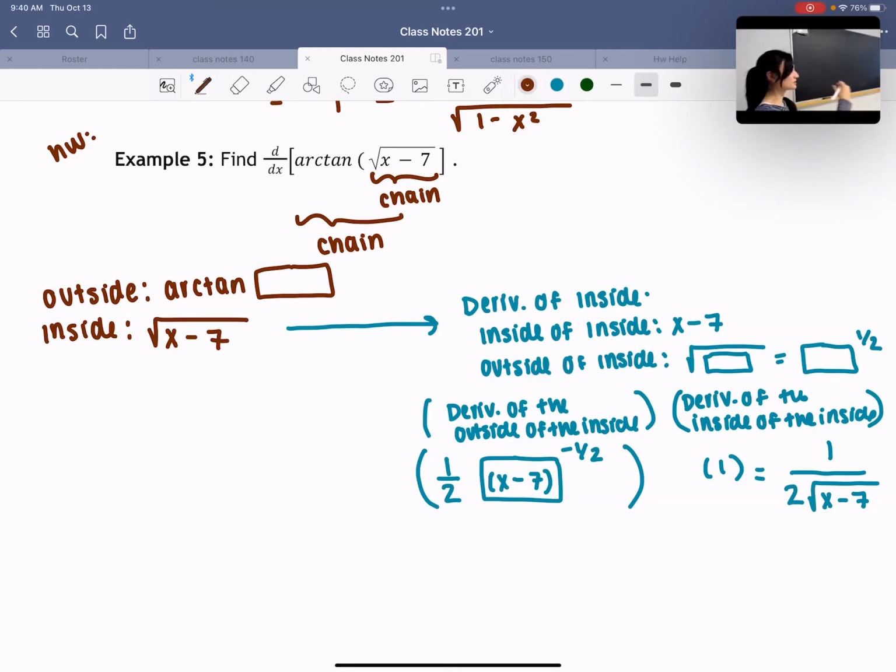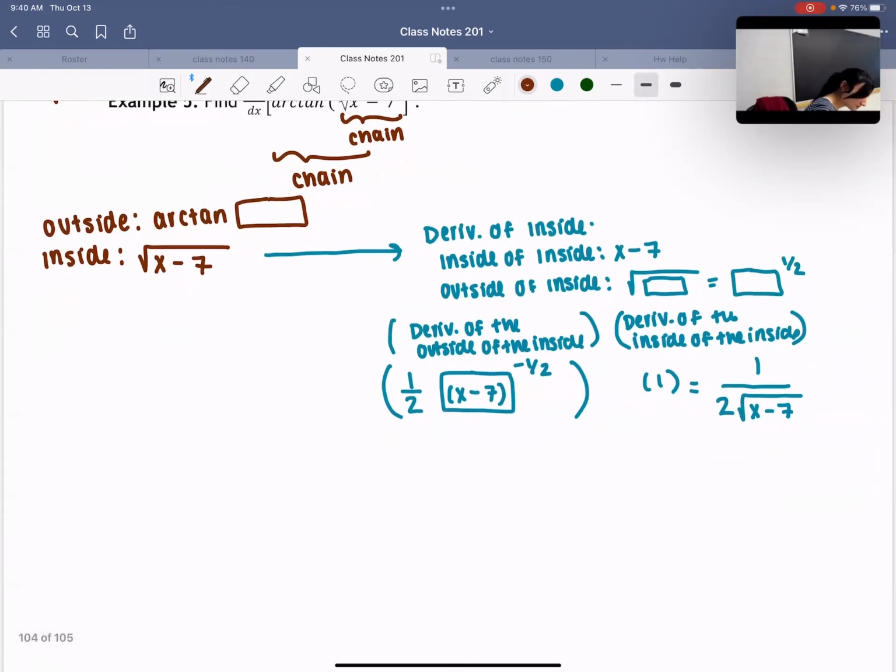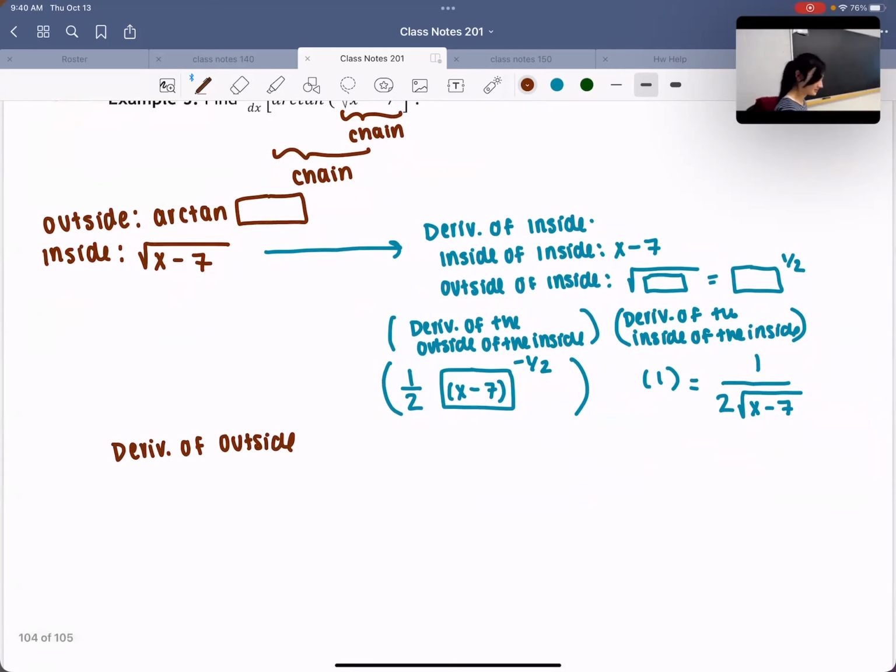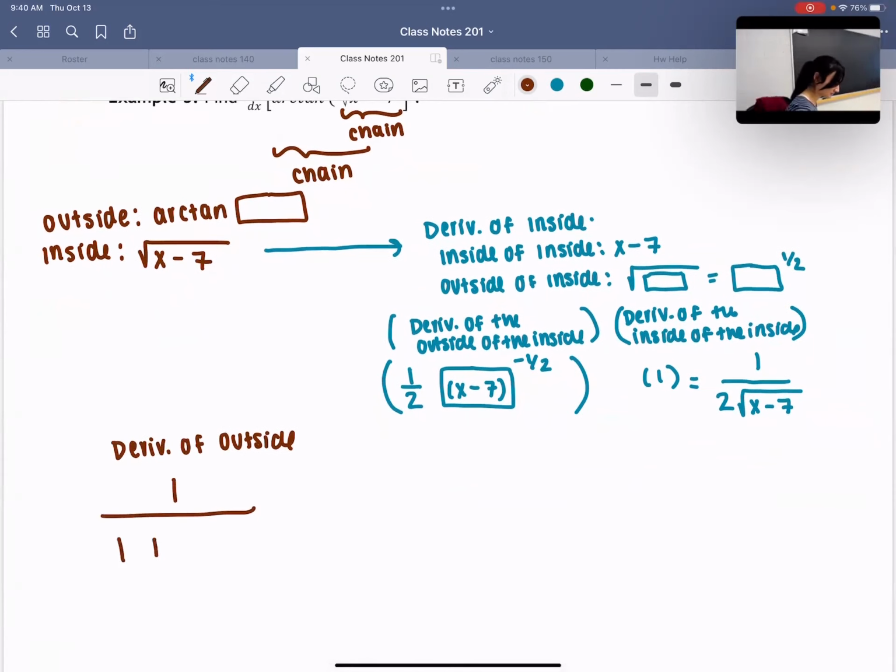Now we can apply the chain rule on the outside. Chain rule says take the derivative of the outside. What's the derivative of arctan of box? Good, but instead of x, it's the box, right?